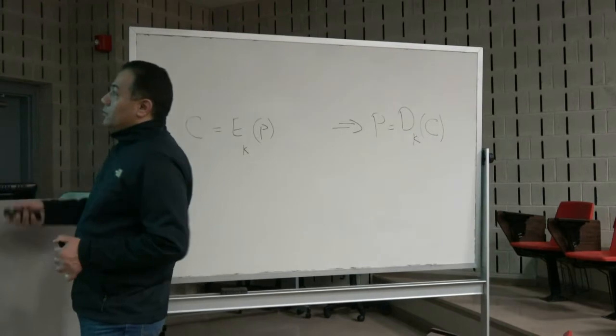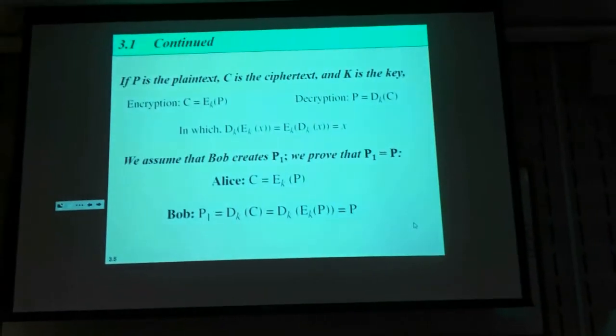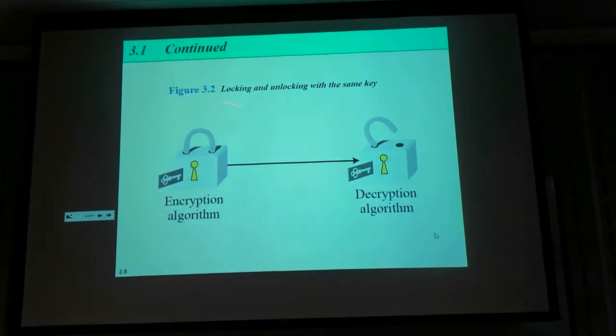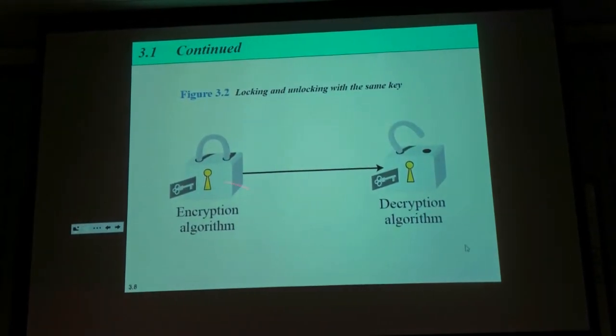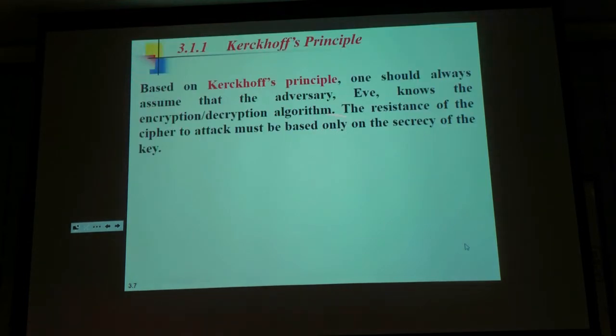So the encryption algorithm uses the key to lock the data, and the decryption algorithm is used to unlock the data at the recipient. We go back to Kirchhoff's principle, which I told you.